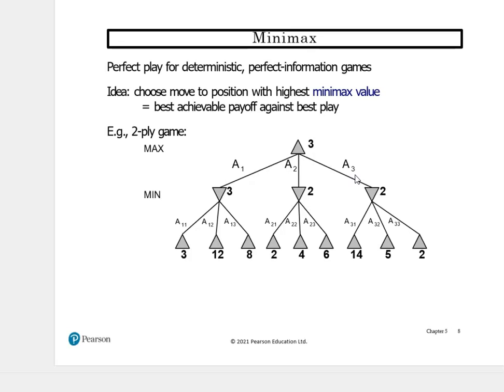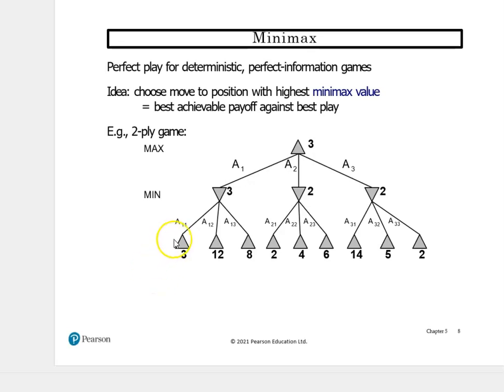So if we look at this game right here, the possible moves for max at the root node are A1, A2, A3. Okay, so we're at the root of the tree, and max can do one of these three actions. Now, the replies of min are going to be called B1, B2, B3, and so on.